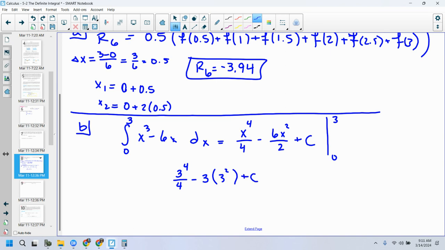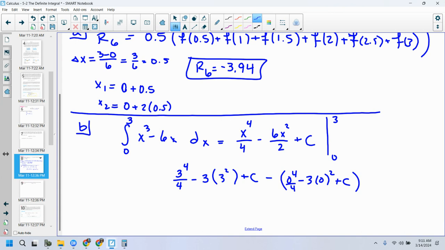Okay, we're going to leave that in here for a second. Minus, I'm going to find the difference between these two things: 0 to the fourth over 4 minus 3 times 0 squared plus c. That vertical bar just says find the difference between.